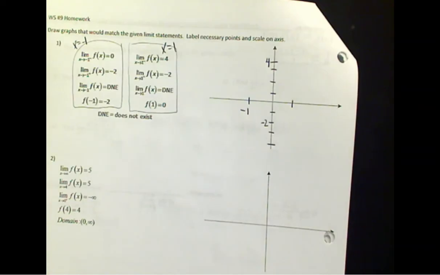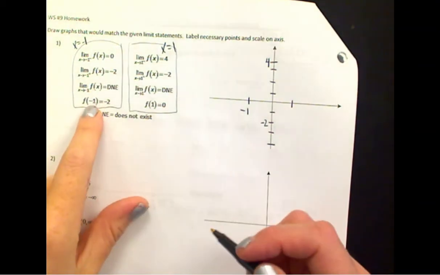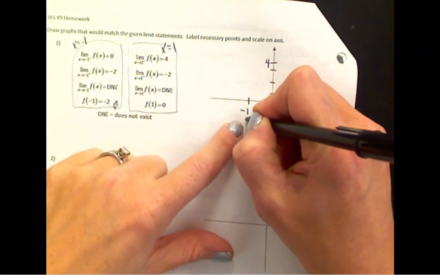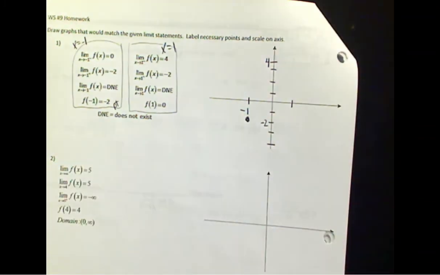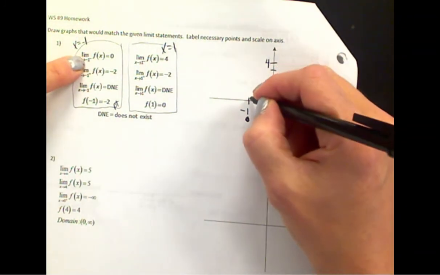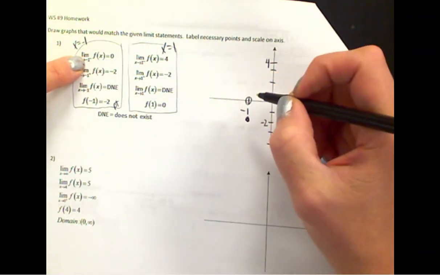A little bit of a strategy. I boxed up my limit statements. The first 4 all deal with the x coordinate of negative 1. So I see this. I see a point, and so there are no choices on points. They have to be on the graph. Everything else can be open circles. So right here, look at that. Open circle.